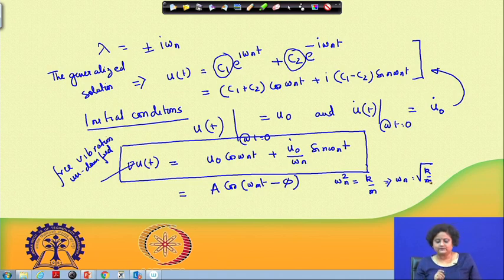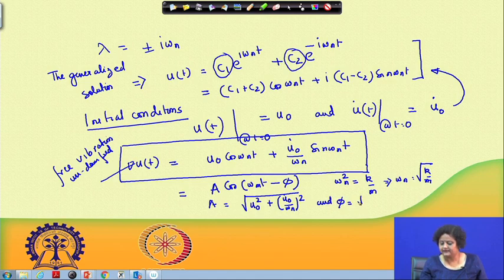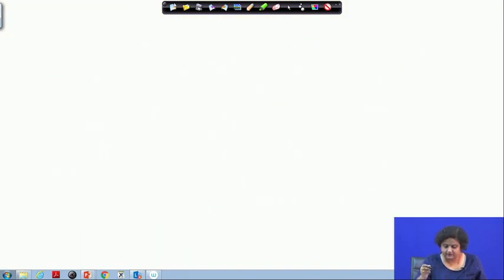So, what do we see? Just by some trigonometric manipulation, we can always write this equation in this form, where ω_n is the square root of k by m, and A is the amplitude, which is going to be the square root of u0 square plus (u dot 0 by ω_n) whole square, and φ is going to be such that tan φ is equal to u dot 0 by (u0 times ω_n).